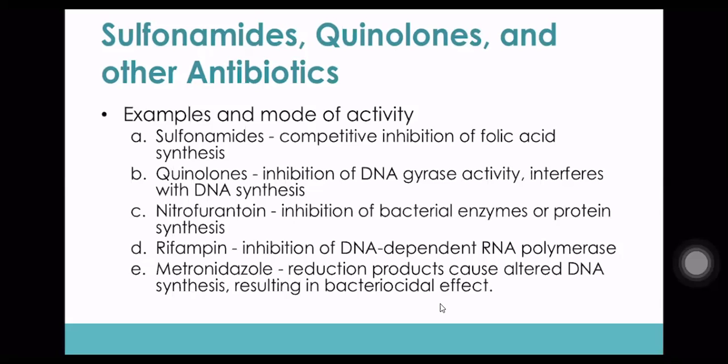And then next is rifampin: inhibition of DNA-dependent RNA polymerase, and effective against gram-positive and certain gram-negative microorganisms. Resistance develops quickly and it is usually used with other antibiotics.